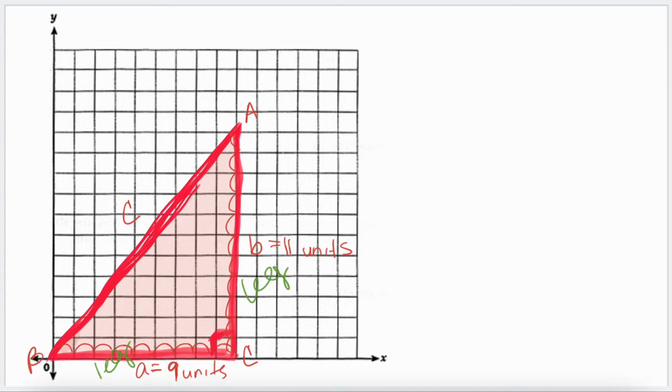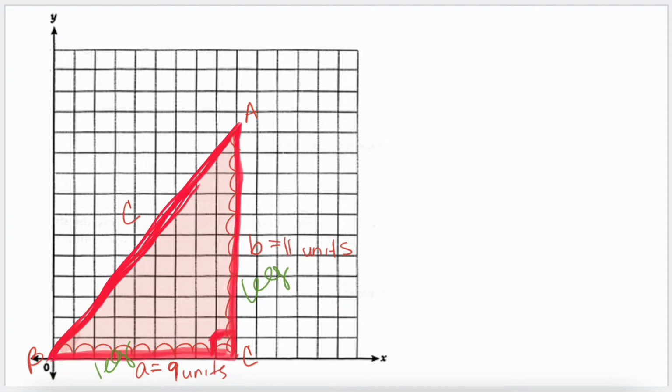All right, so now we have our triangle correctly labeled. We have our angles labeled, our sides labeled. We just need to find the length of C. We have the length of A and B just by counting our bunny hops on our coordinate plane. But for C, we have to use our Pythagorean theorem.